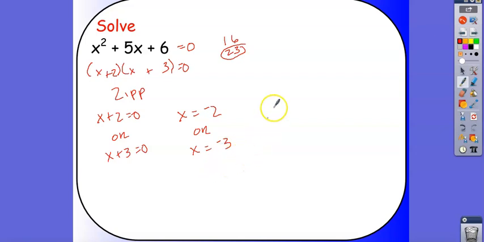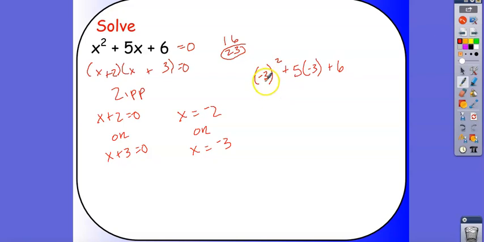You know what? I think I'll put it back in the original equation and see if that works. This one right up here. Well, if I say x squared, let's go with that -3 there. -3, and remember when I evaluate, I put it in parentheses. 5 times -3 plus 6. Let's see what I get.